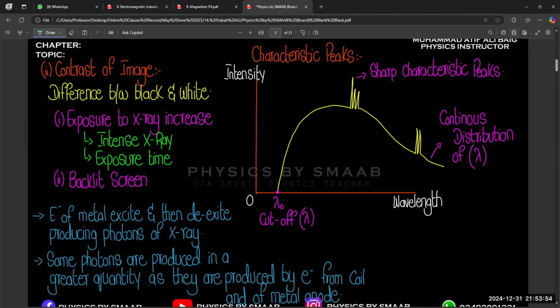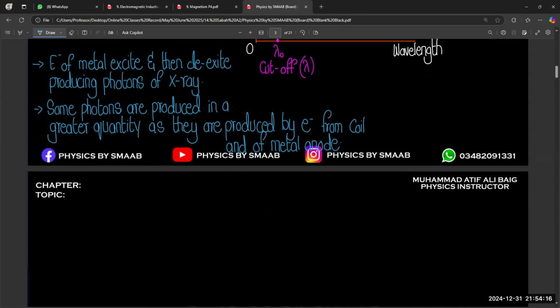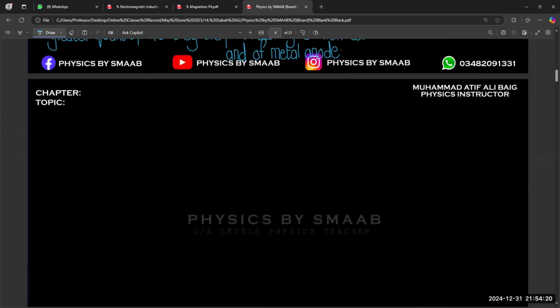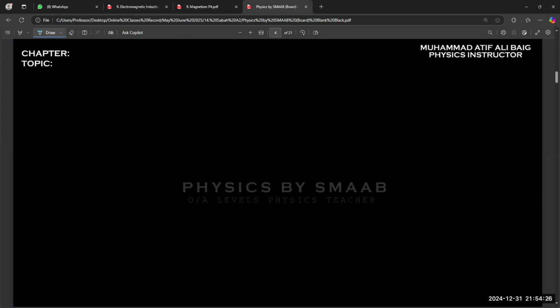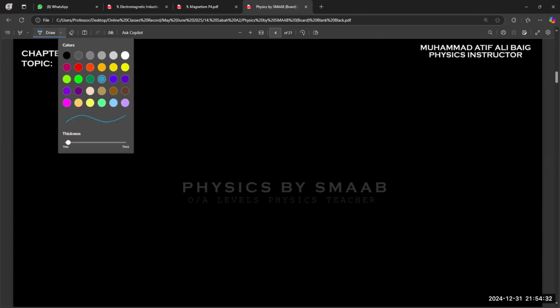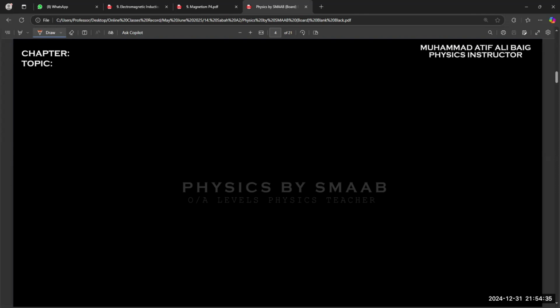Secondly, if we want to calculate the intensity of an X-ray beam, how is it possible?